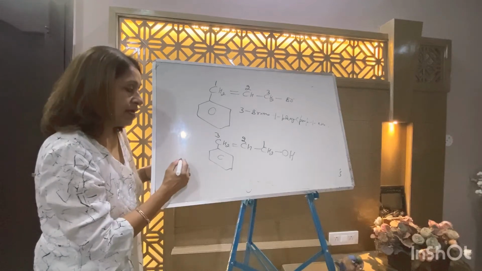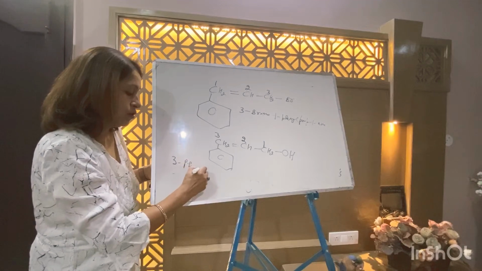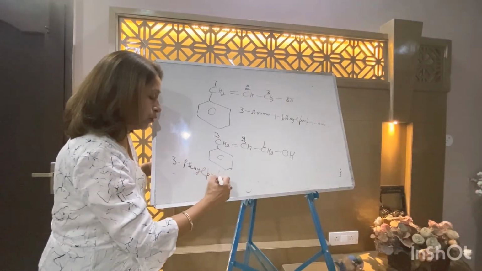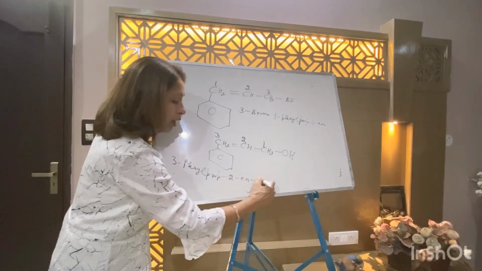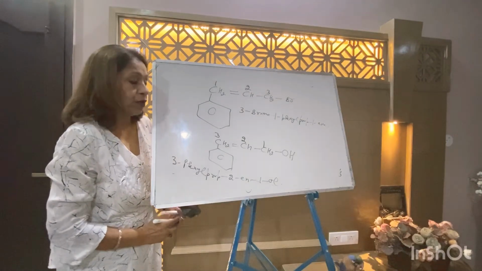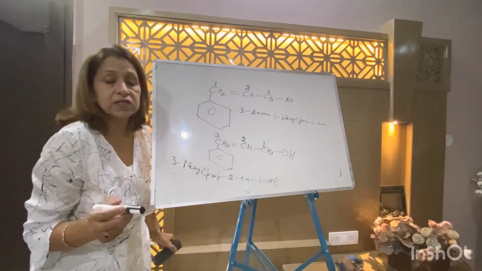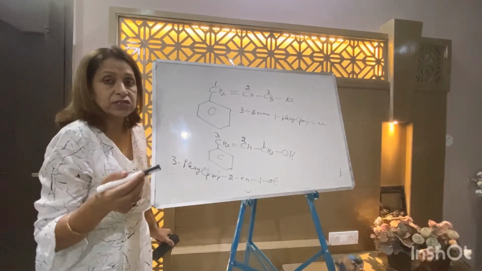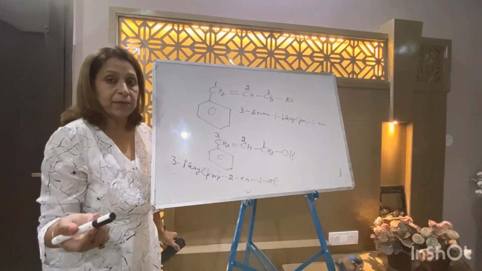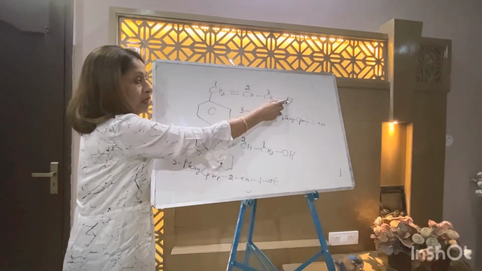And in this case, your answer is 3-phenyl-prop-2-ene-1-ol. Here it is 3-bromo because halogen is a side group, so halogen will come first, in alphabetical order, ABC. 3-bromo, after that P will come, ABCD alphabetical order. 1-phenyl. There are 2 side groups, bromine and phenyl.